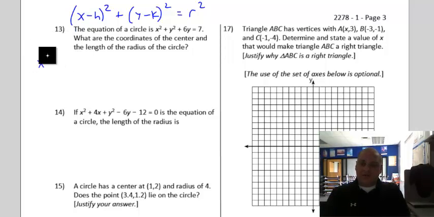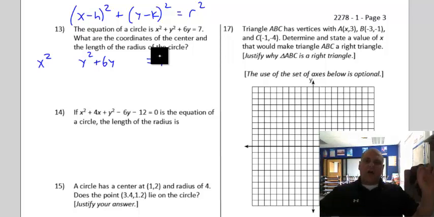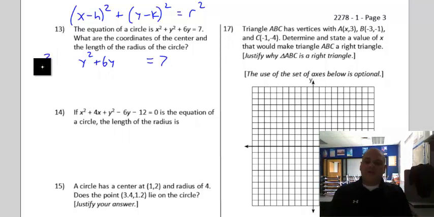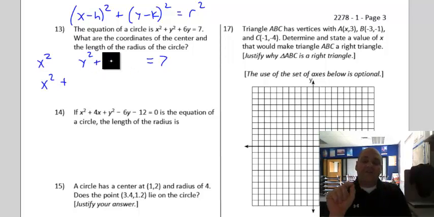So we're going to separate the x's and y's. We don't have anything with the x squared, so we're going to leave that by itself. Y squared plus 6y goes together. We're going to leave room, and we're going to say equals 7. So I just kind of split it up to give us room. There's nothing to do for x squared. Here, we're going to take half of the 6, which is 3, and then square that, which is 9. So we're going to add 9.